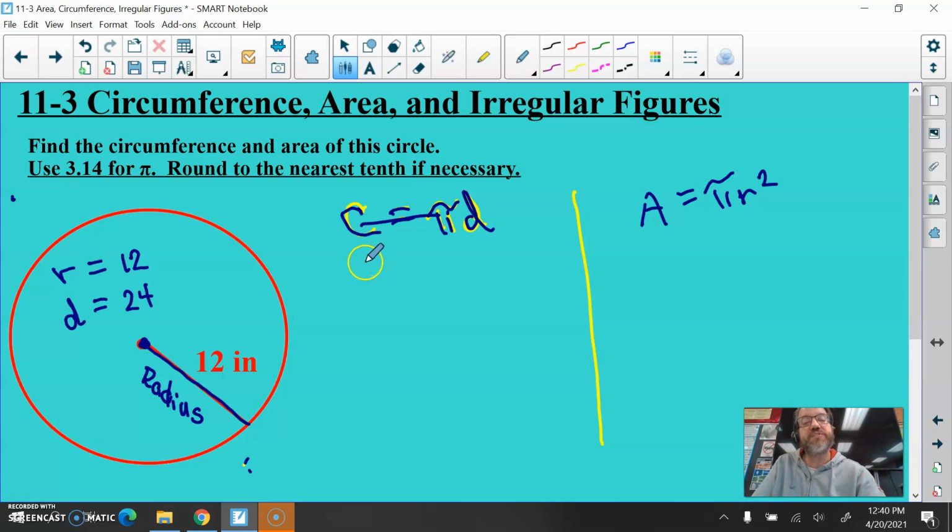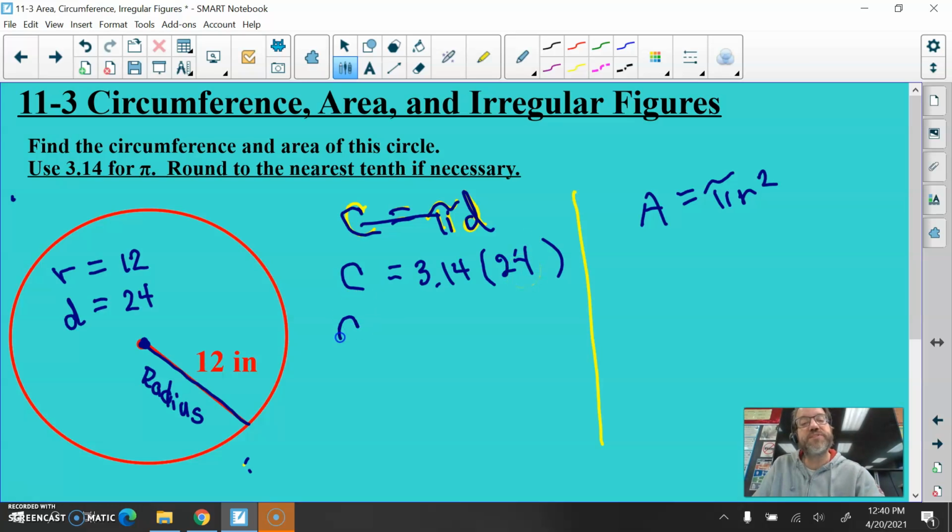All right, so let's find the circumference. C equals, I'm just rewriting the formula, but now I'm going to substitute in some numbers. In place of pi, it says to use 3.14, times the d, the diameter, which we wrote down is 24. See how handy it was having that written down so I could just grab it and plug it in here?